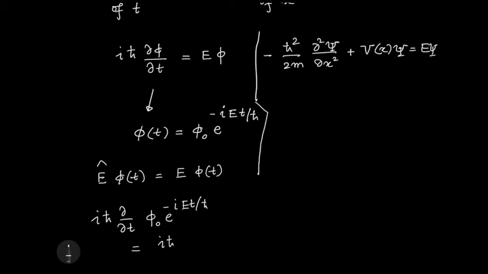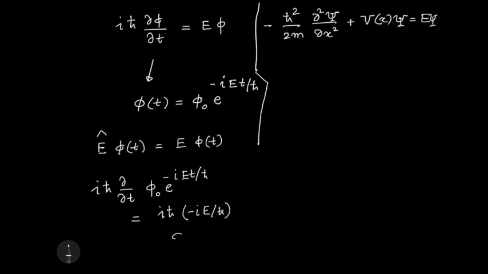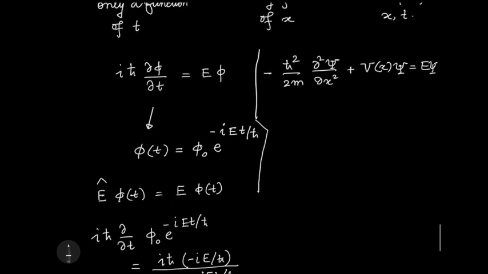I'll get i h cross. Once I do the differentiation, I will get i E by h cross. And I will get phi 0 e to the minus i E t by h cross back. And this you will agree is equal to E. Okay, so that is all right.